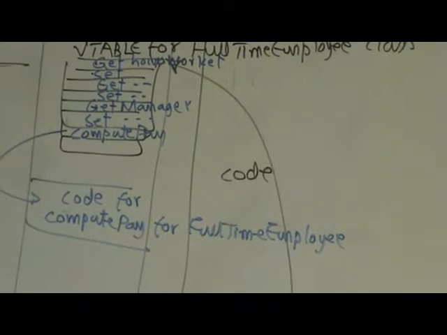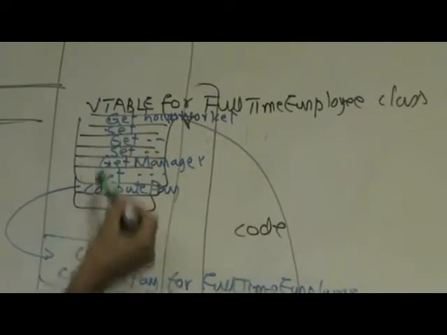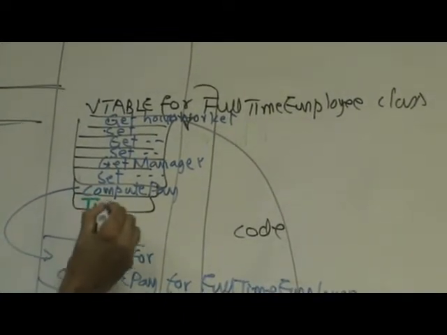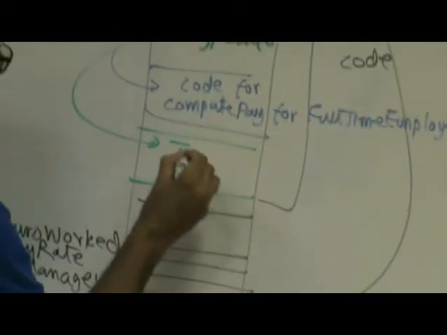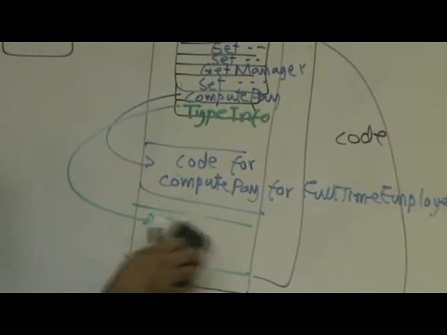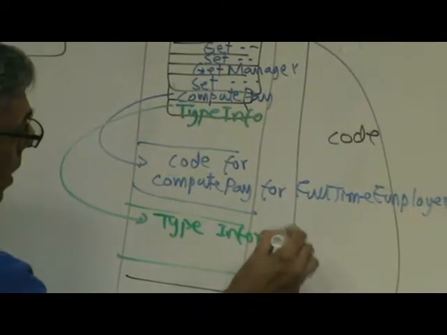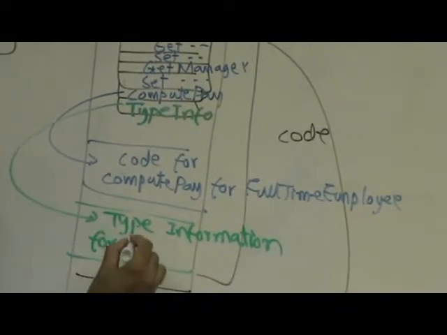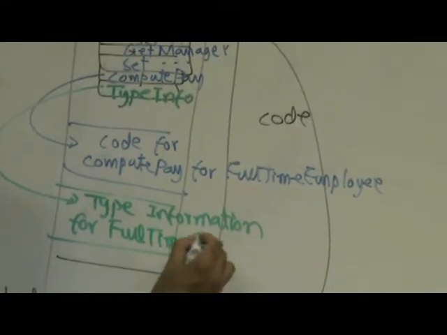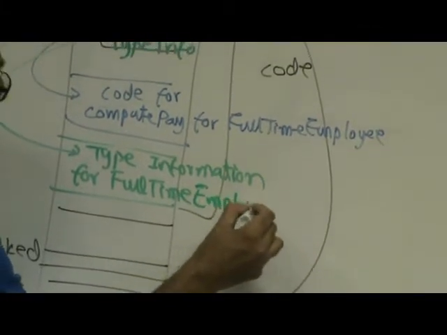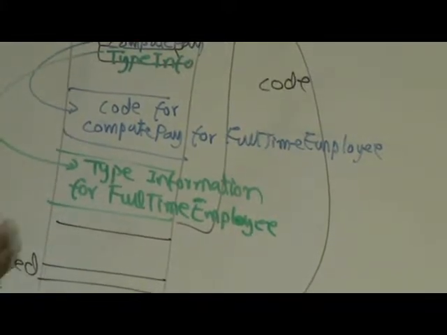The last entry in the vtable will be the type info, basically type information for the full-time employee class. It will have a lot of information, such as the name of the class, how many methods it has, how many properties it has, and so on.